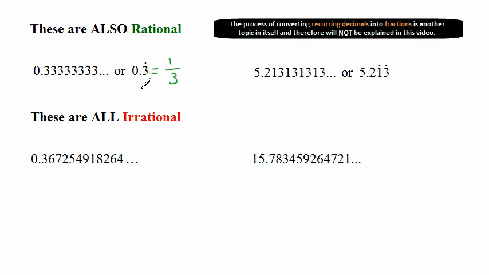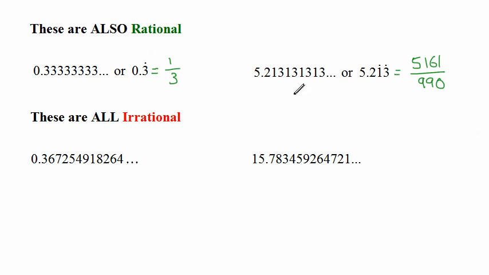So therefore, this is rational. As for this more difficult one here, 5.2 with the 1 3 recurring, this can be expressed as 5161 over 990. So even this is rational. Okay, so I'll repeat. All recurring decimals can be converted into fractions and are hence rational.